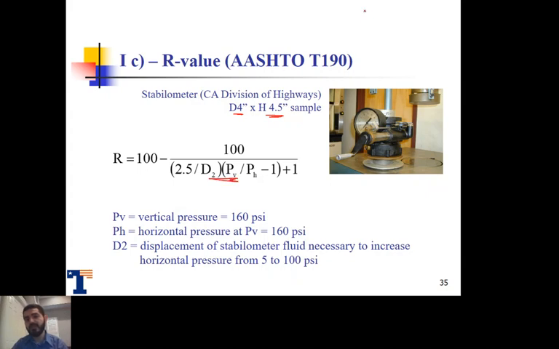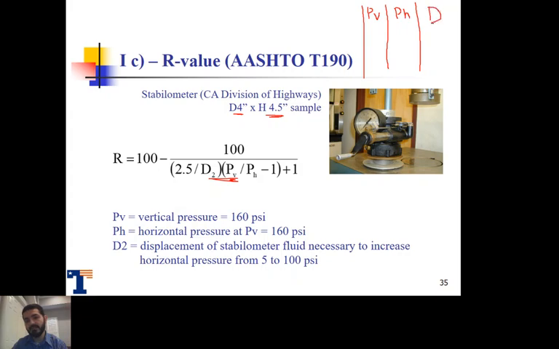Let's say here I have three columns of data. We have PV, which is the vertical pressure, and then pH, the horizontal pressure. The last column is the displacement of this stabilometer fluid necessary to increase the horizontal pressure.